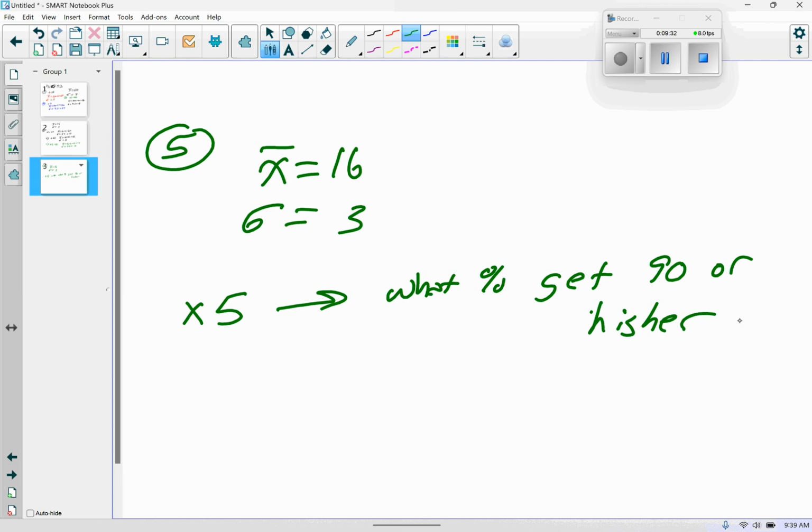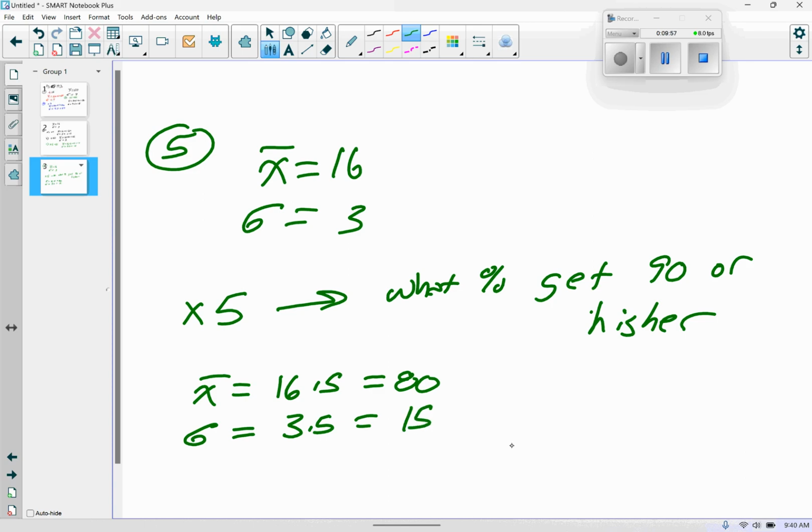Uh-oh. Stirrup's going to go back and change a few things. All right, ready? If we're multiplying by 5, x bar equals 16 times 5, which is 80. So the new mean changes to an 80. The standard deviation changes from 3 times 5, which becomes a 15.